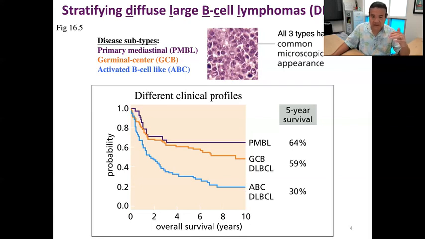So right off the bat, you can understand that there's an urgency to be able to somehow identify what types of intracellular signaling pathways distinguish these three different closely related diseases, because that will give you that valuable knowledge about what things you might be able to target to treat these patients based upon which subtype of the disease they have.